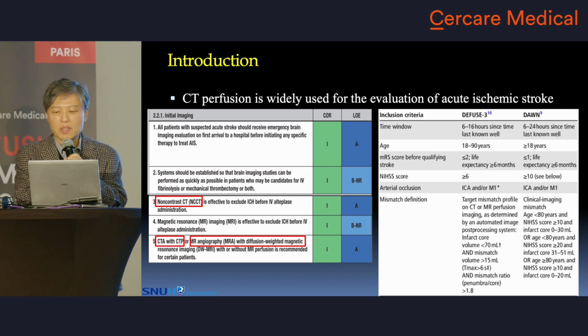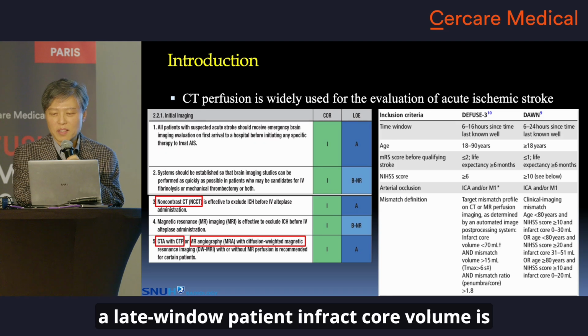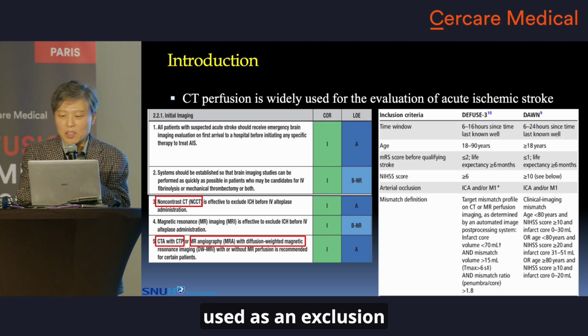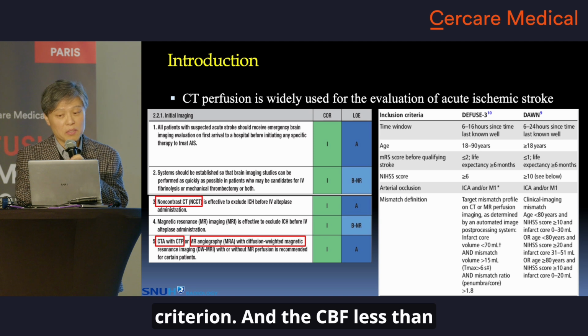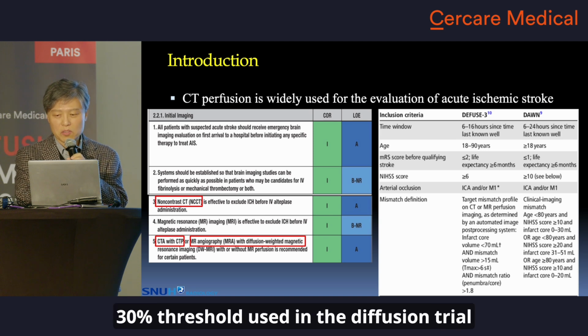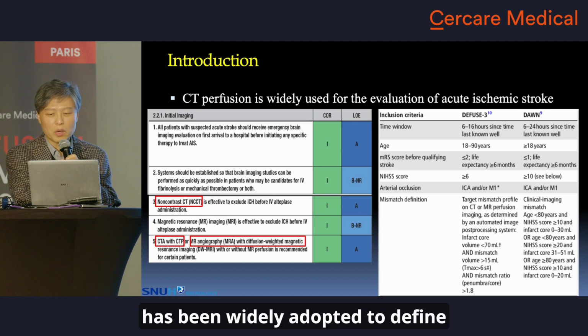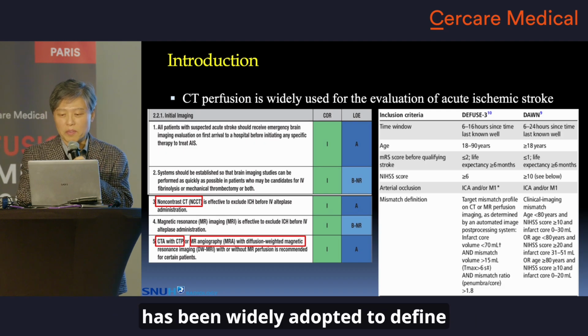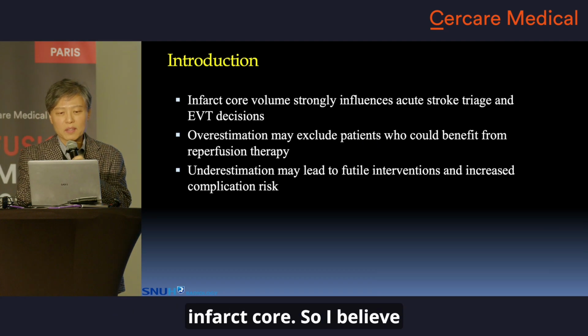In particular, in late window patients, infarct core volume is used as an exclusion criterion, and the CBF less than 30% threshold used in the DEFUSE trial has been widely adopted to define the infarct core.